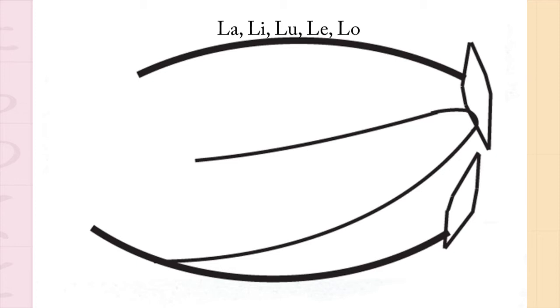And when you pull back from the teeth, you get that L sound. So again, you firmly press your tongue either at the back of your upper front teeth or the bottom of your upper front teeth, and when you pull away, you get the L sound. So if you were to pronounce column 9 using that action, you will get la, li, lu, le, and lo.